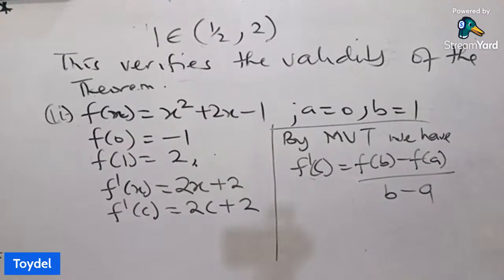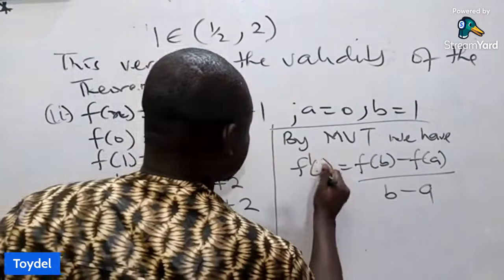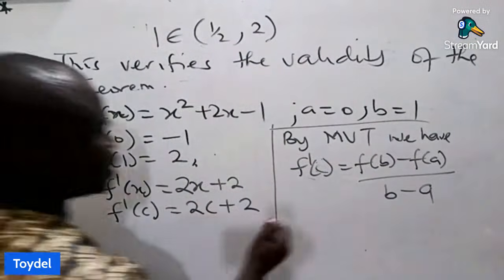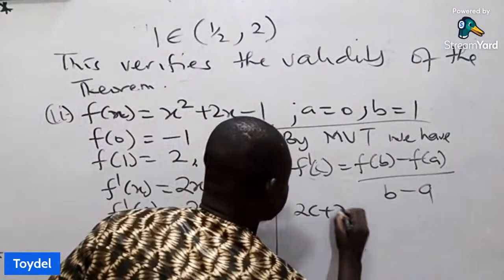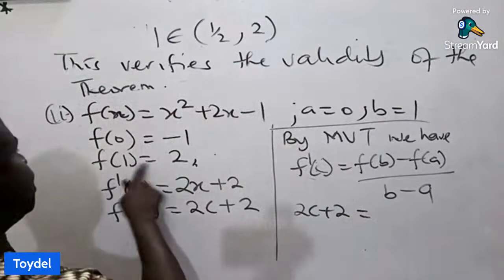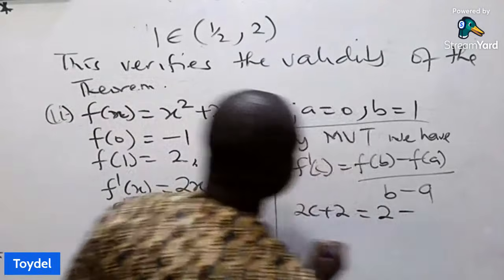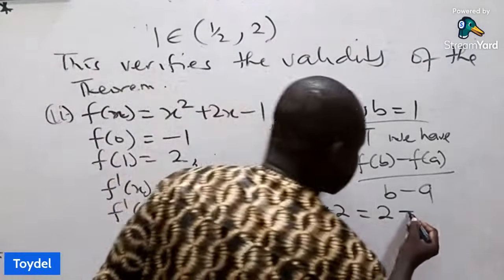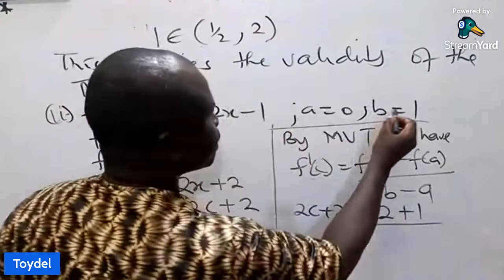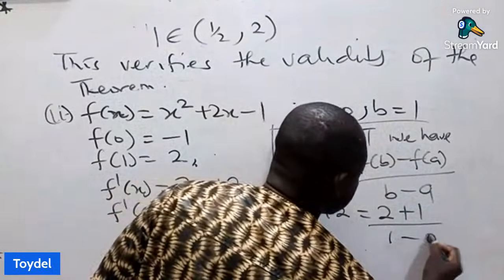So in this case, f prime of c is 2c plus 2, equal to f of b, which is 2, minus f of a, which is minus 1, minus times minus is plus, so 3, all over b minus a, which is 1 minus 0.